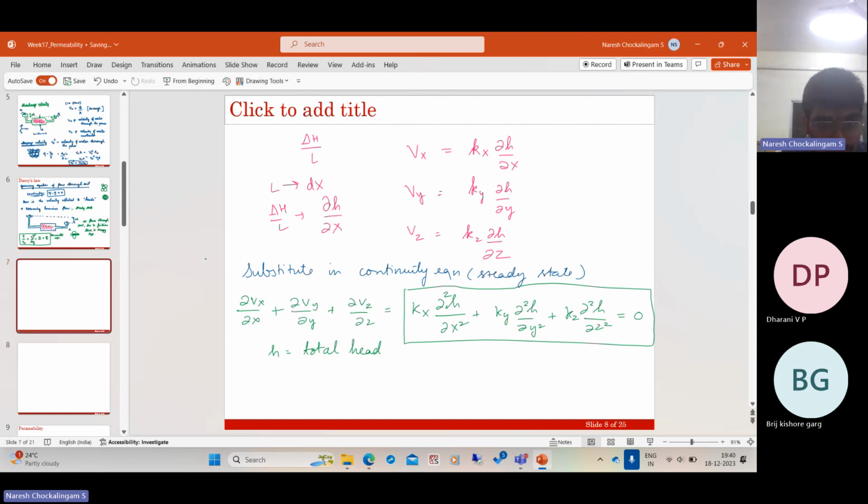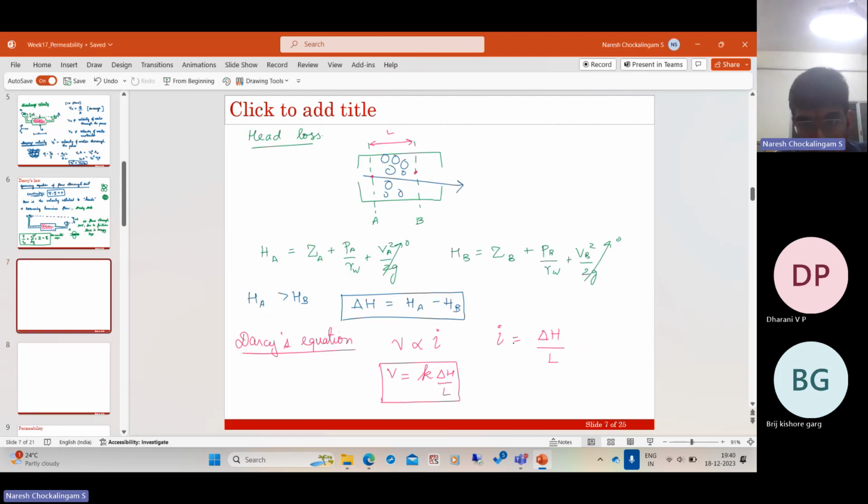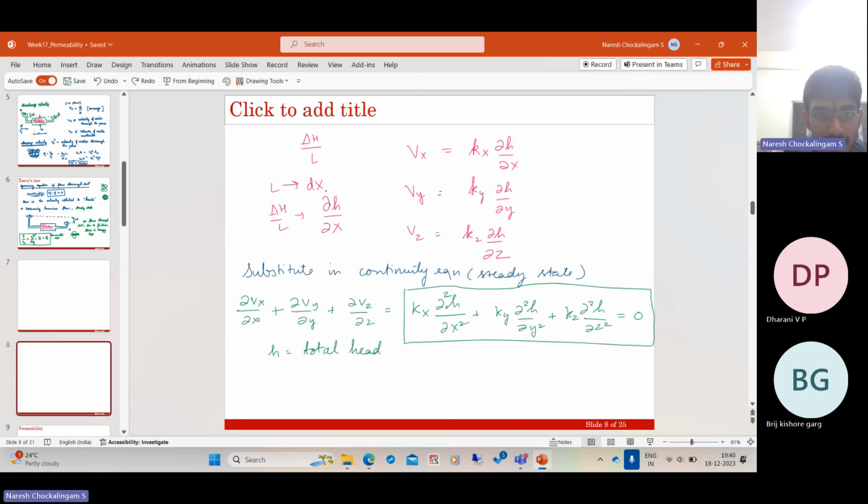One small thing here is you need to have a minus sign here, right? Because the head is lost. If you take it as HA minus HB, it is decreasing along positive x direction. So that is fine. HA minus HB is fine, but this will be negative.